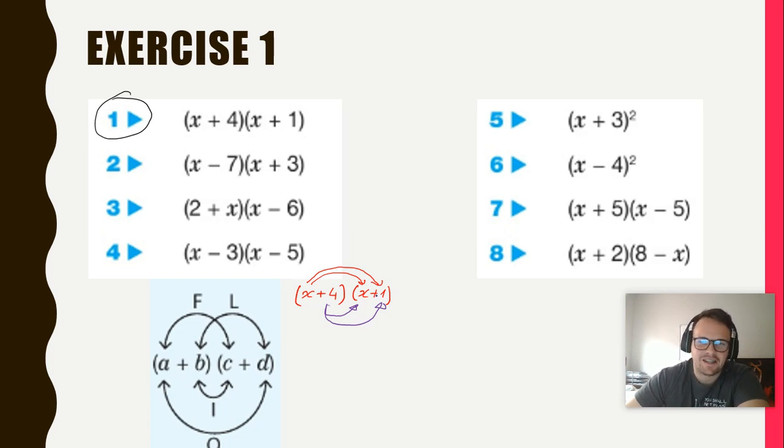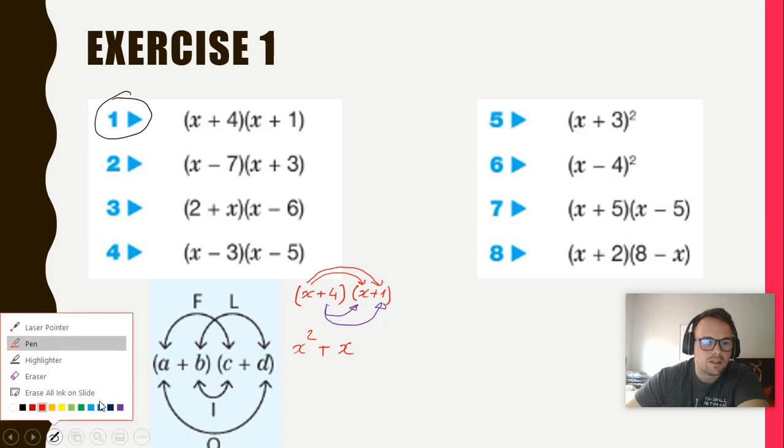Anyway, just follow the arrows. So x times x is x squared. Let's change that to red. X times x is x squared plus x times 1, x.